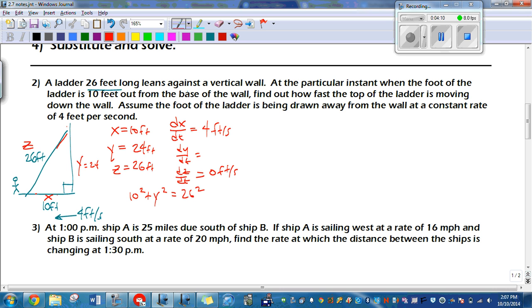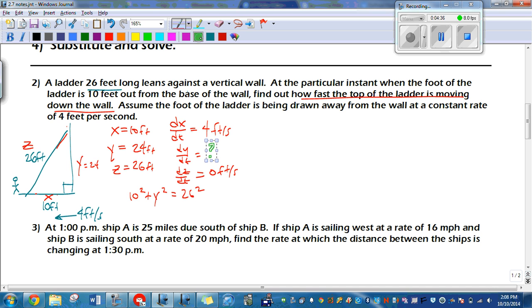It's constant. dy dt is the thing that we're trying to figure out. It's asking us to find out how fast the top of the ladder is moving down the wall. So we're trying to find dy dt. Since y is getting smaller in this process, the ladder's coming down as this is going out, we should expect dy dt to be a negative value.